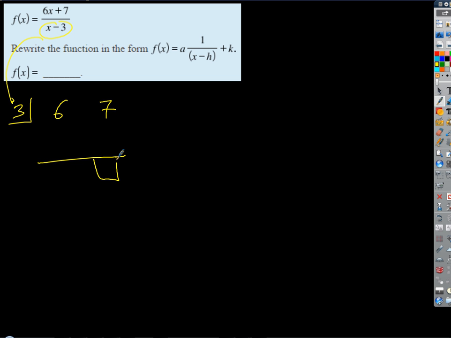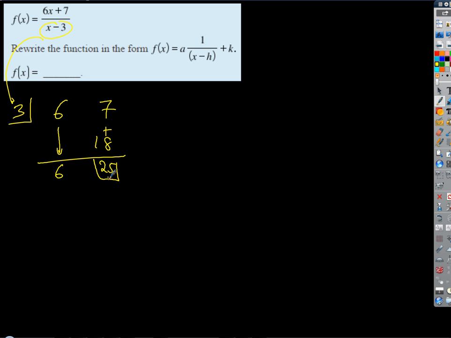And then that's the remainder box, right? So how do I do synthetic division? What do I do first? Good, I drop the 6 down, then I multiply, right? So I get 18 and I add, and then I end up with 25. So that's the constant, and that's what's in the remainder box, right?